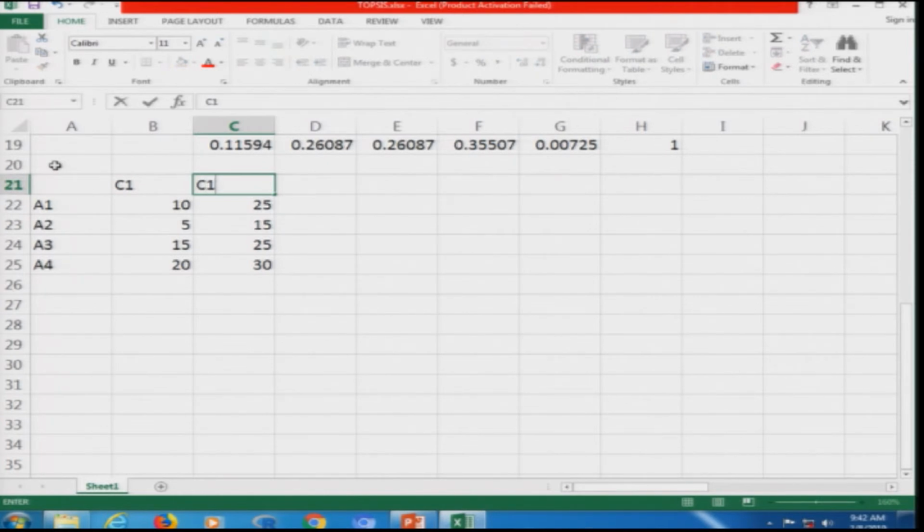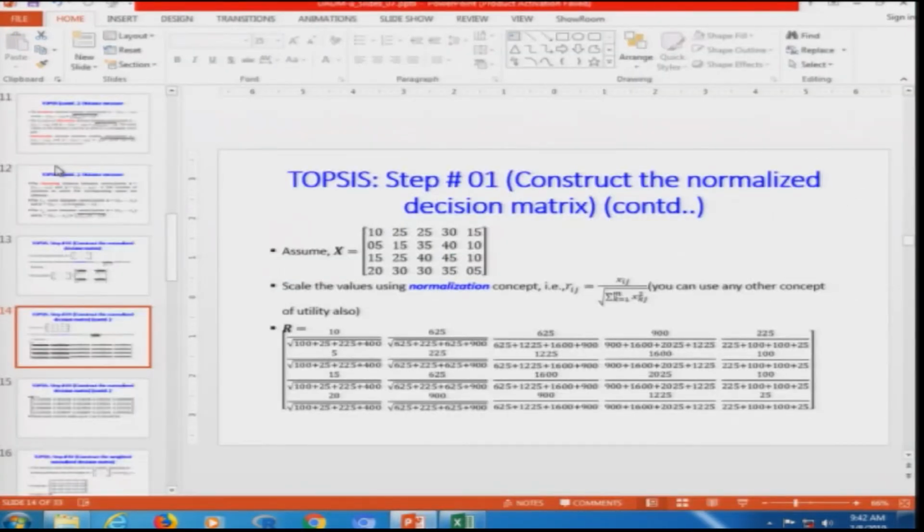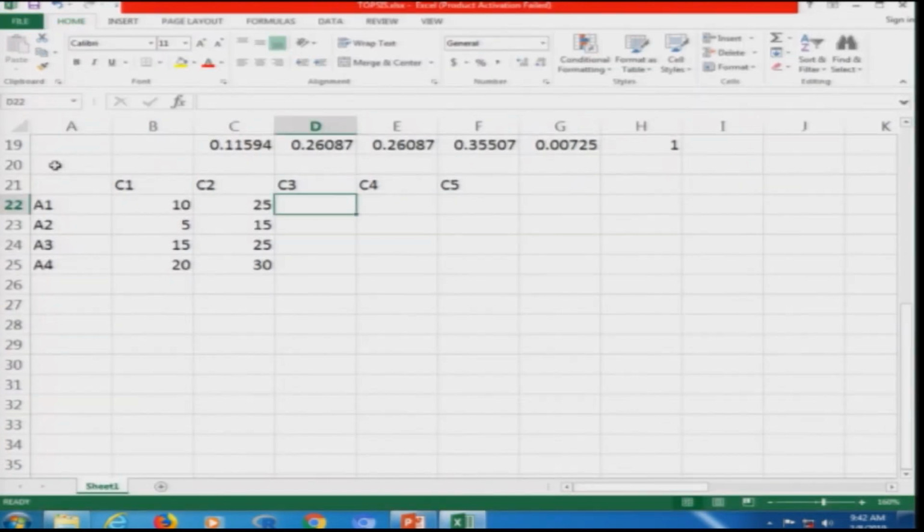I will use C1, C2, not the C concept that comes up in the concordance and discordance sets; I will continue using C here. There were 5 criteria. For the third column: 25, 35, 40, 30.